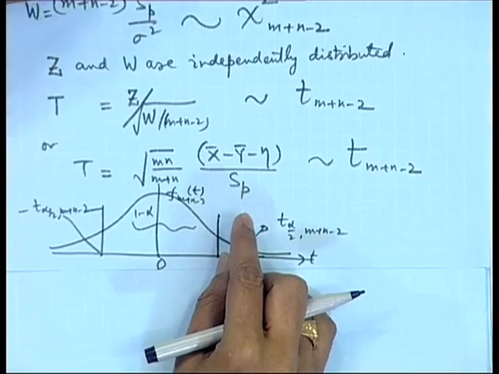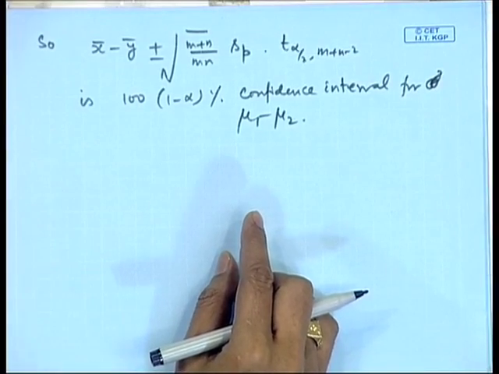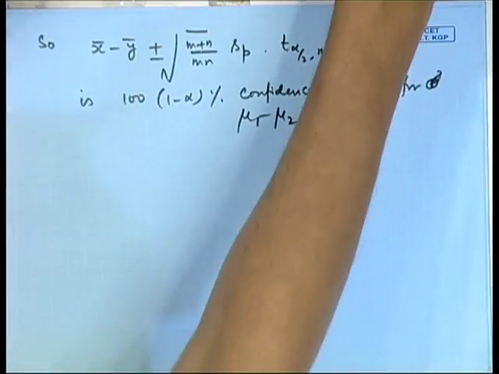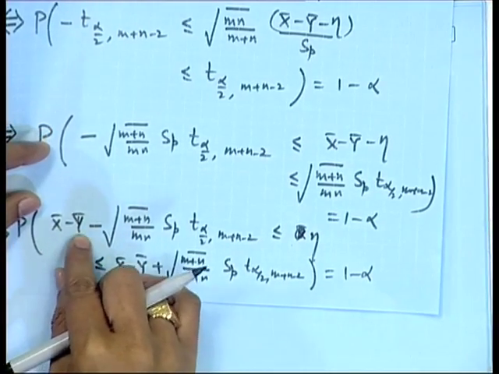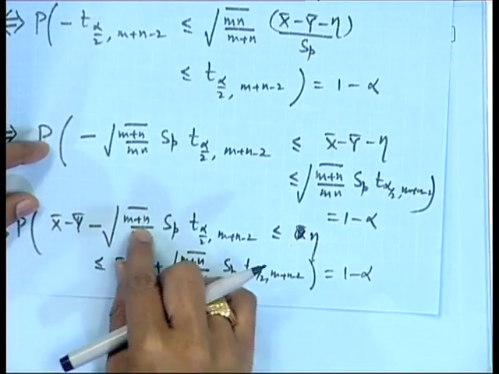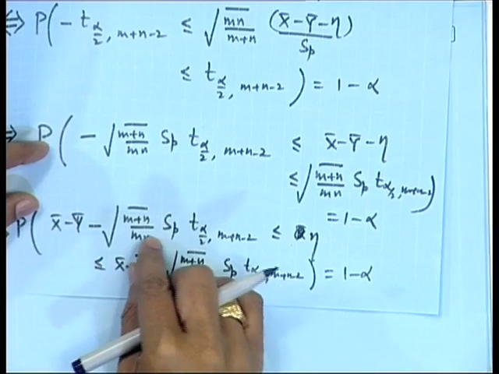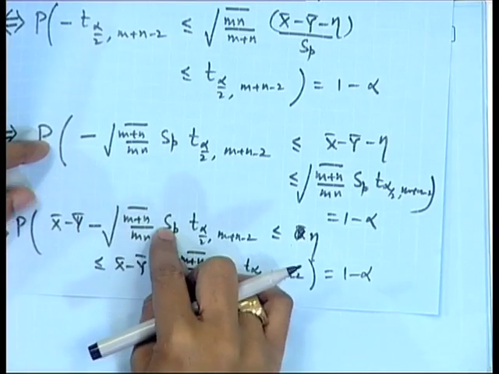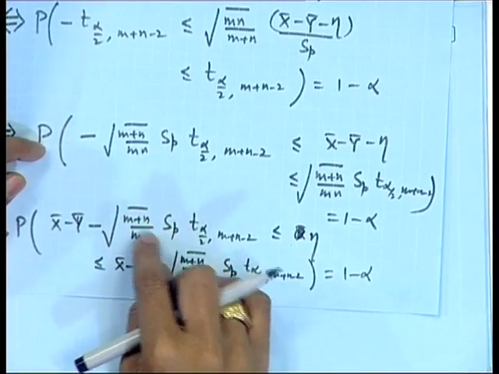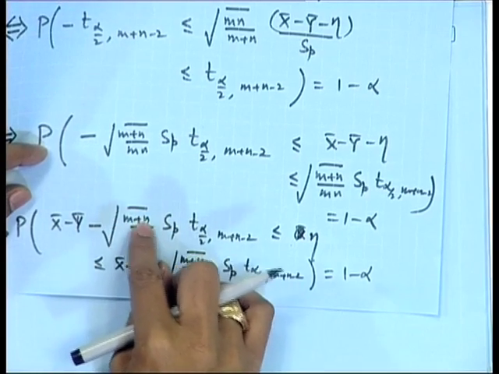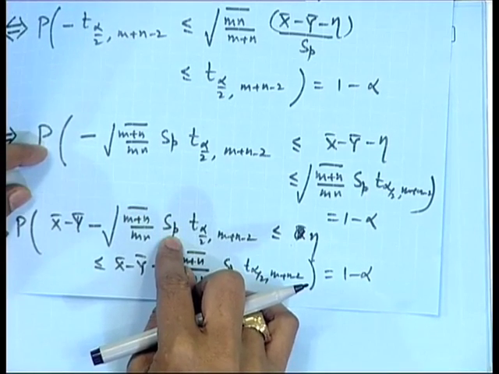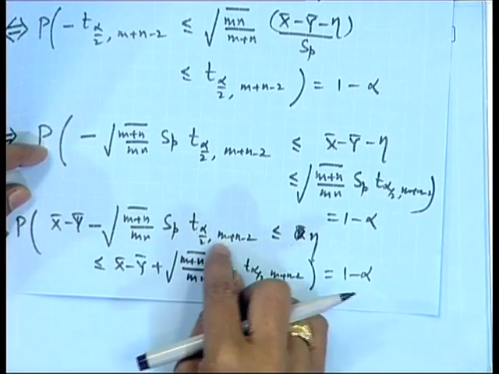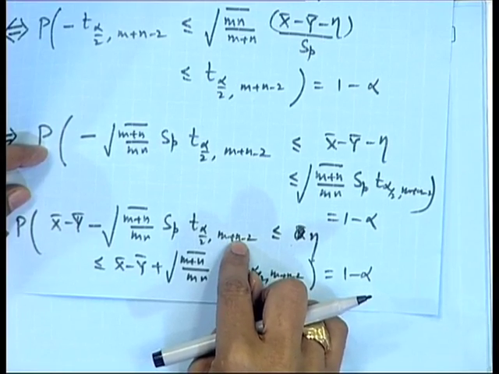So, if we get only m minus 1, then in that case the interval will be x bar minus y bar plus minus square root m plus n by m n. Now, this term will not come here, rather we will have S 1 only, and the degrees of freedom will be m minus 1.